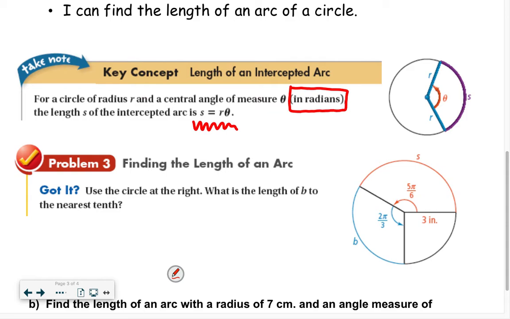So looking down here, it says I want to find the length of B. Well, B is this chunk right here. So I'm going to have B equals, what's my radius in that circle? 3 inches. So I have 3 times. If I'm looking at this chunk B, what's the angle in radians associated with just that chunk?